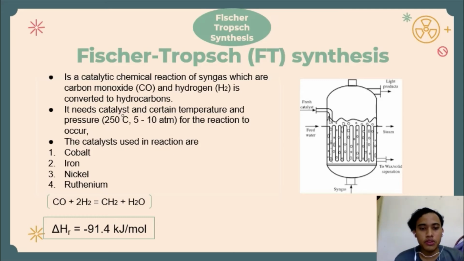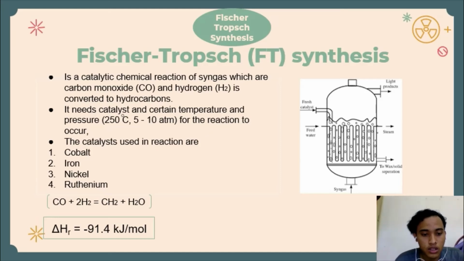My material number is 1192459, and I will present to you the Fischer-Tropsch synthesis, or we call it FT synthesis. FT synthesis is a catalytic chemical reaction of syngas, which is synthesis gas. For example, carbon monoxide and hydrogen, CO and H2, react and will produce converted hydrocarbon.